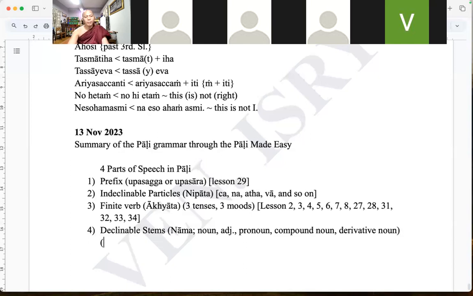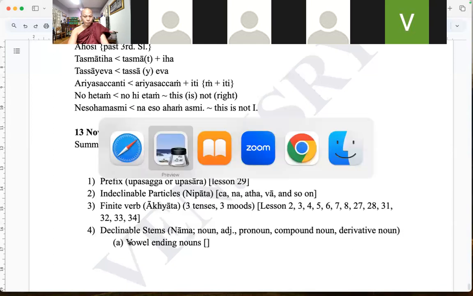maybe we can divide them. The first one is, according to Pali Made Easy, the vowel ending nouns. Those vowel ending nouns are explained in these lessons, starting from lesson 11.